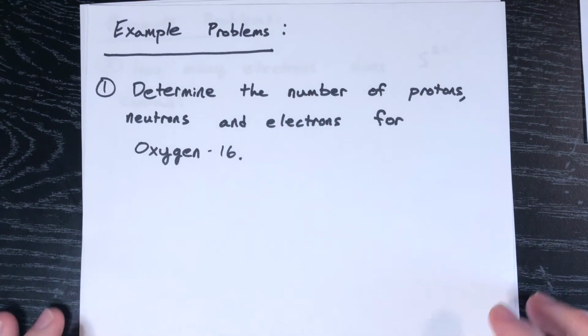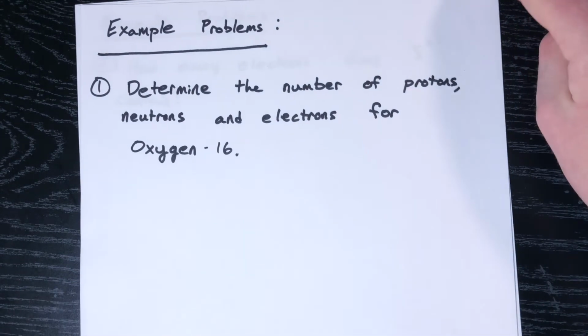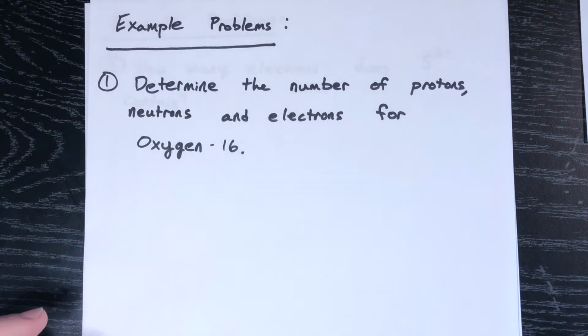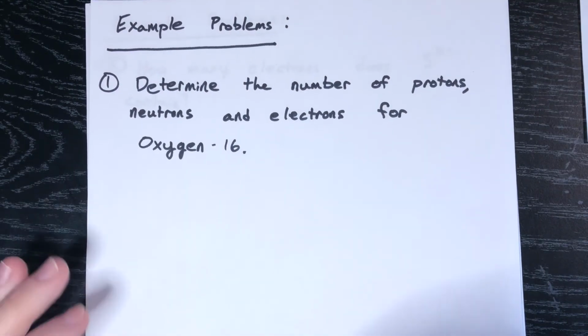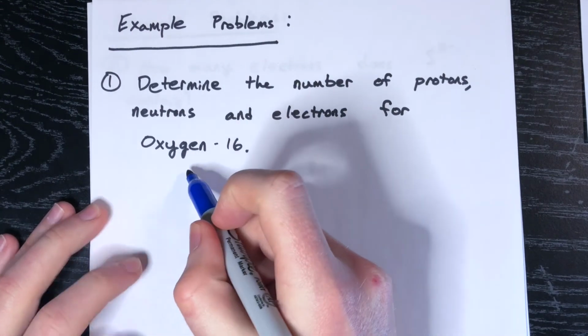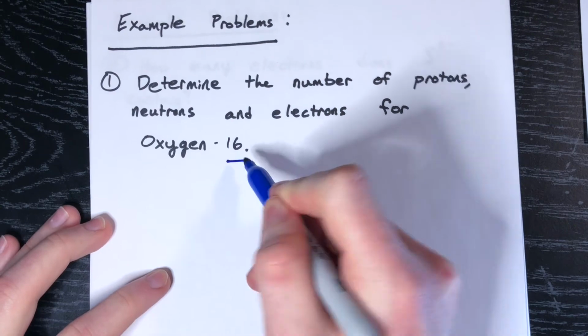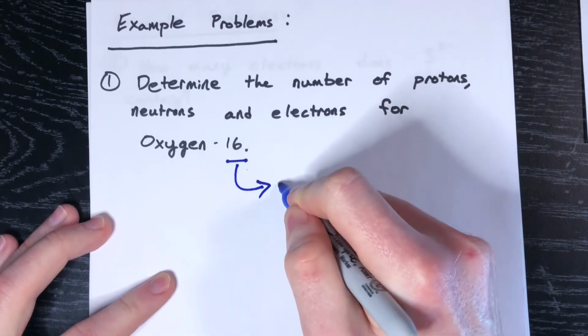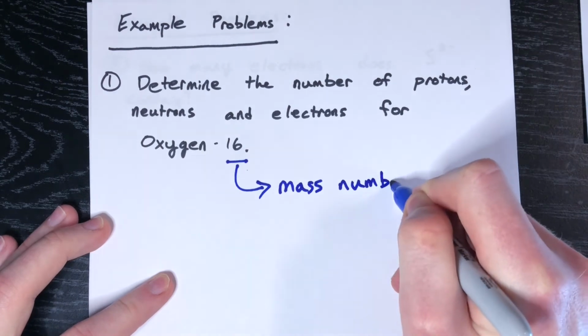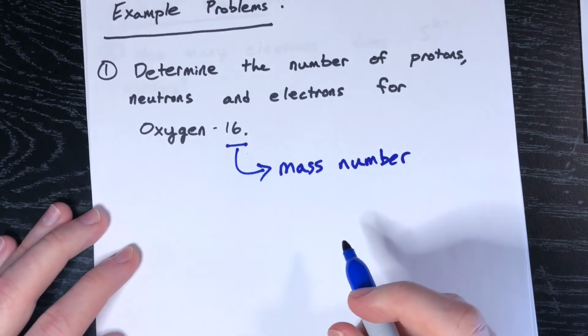First type of question is just determine the number of protons, neutrons, and electrons for oxygen-16. So the first thing I want to talk about here is this notation: oxygen-16 means that this 16 is the mass number. Okay, this can be illustrated many different ways.